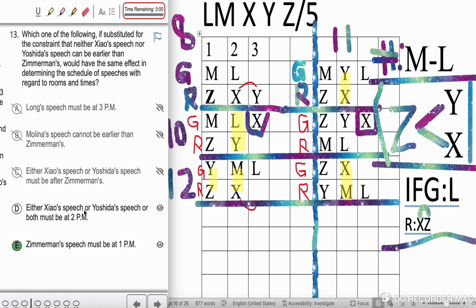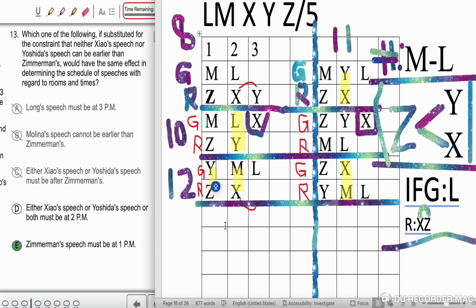Let's go ahead and see if we can do choice D really quickly, just because it's a substitute question. So I'm going to put X at 2 p.m. in here, on this game board.